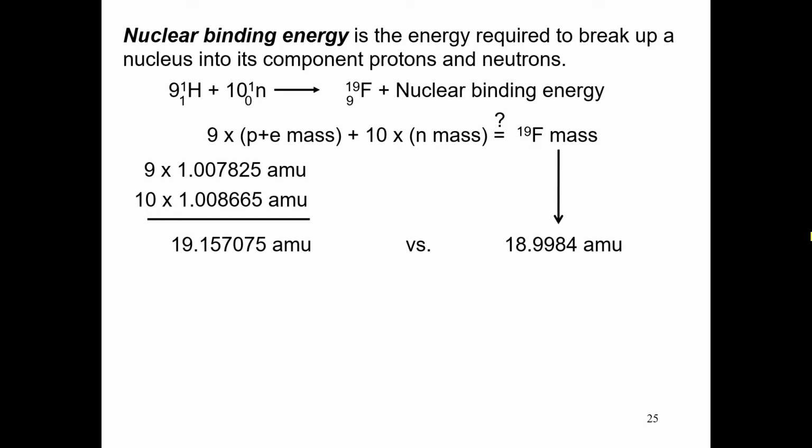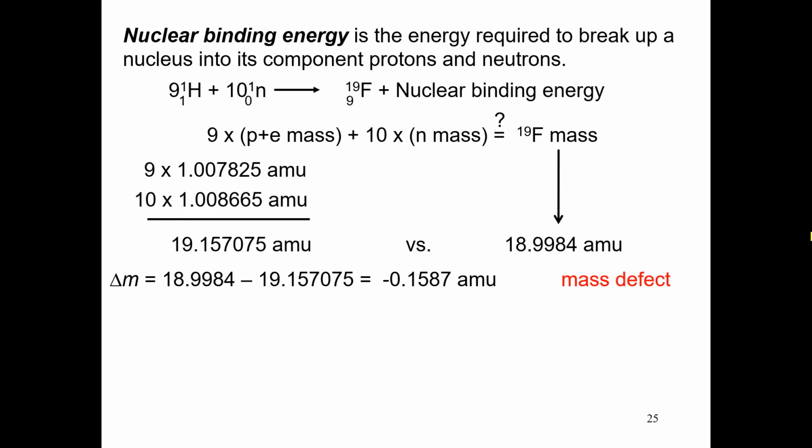Conservation of mass says that it should be the same, but it seems like it isn't. If we calculate the difference in mass here, delta M, so we subtract the actual mass minus what it should have been, we have a deficit. This deficit, minus 0.1587 AMUs, is what we call the mass defect.